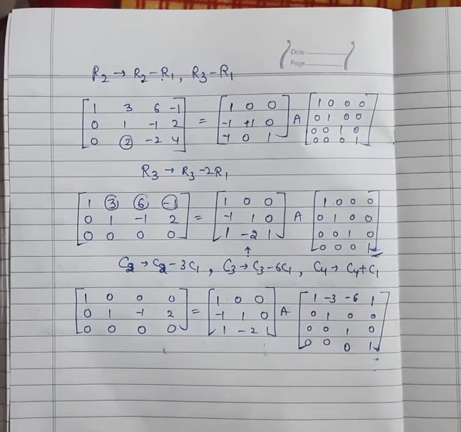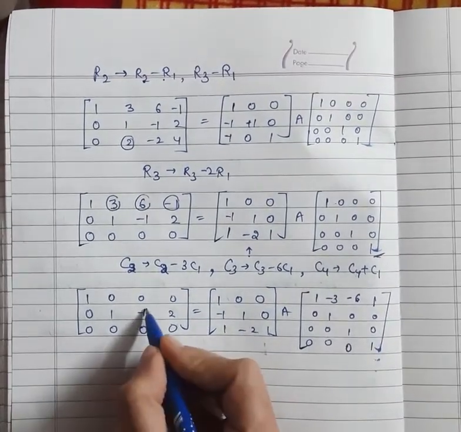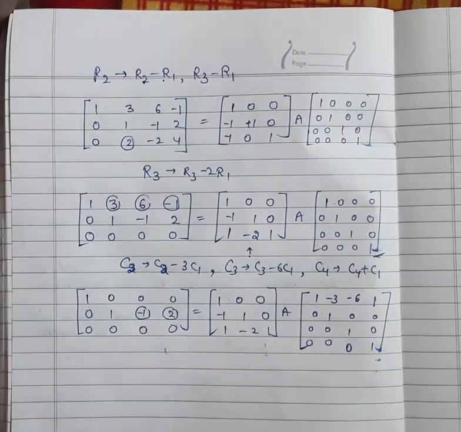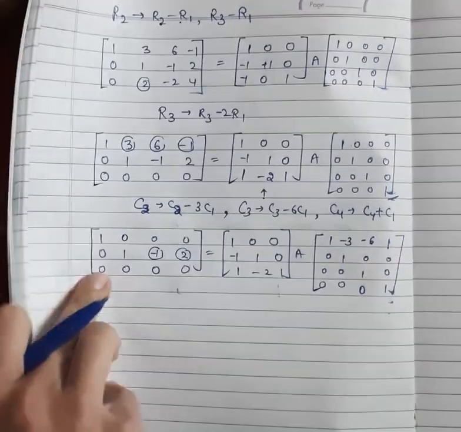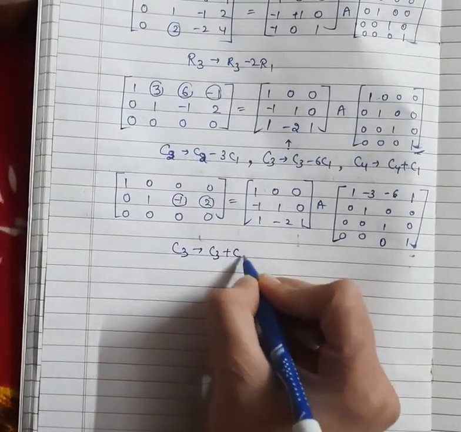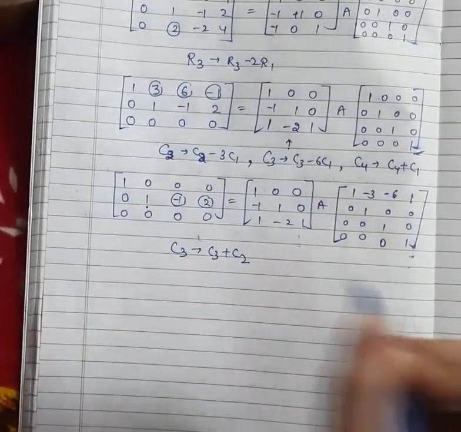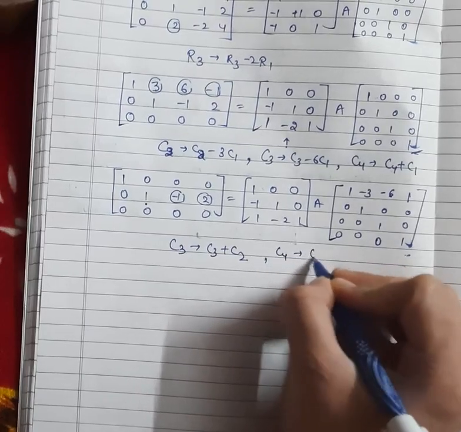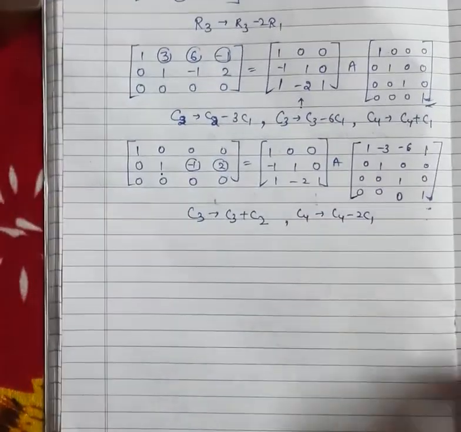We are here. Now our next step is to convert these two entries to 0. For that, the operation is on C3 as C3 plus C2, using this entry, and on C4 as C4 minus 2C1.